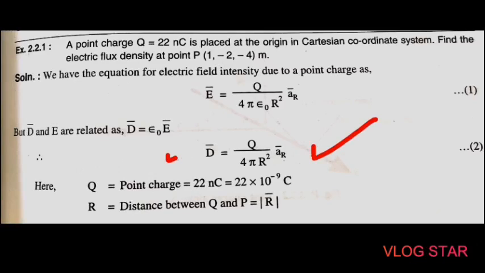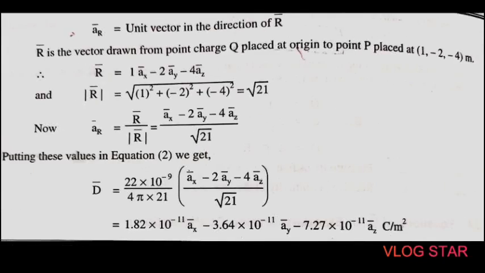D bar is equal to the value of Q, that is 20 nanocoulomb, upon 4 into 3.14, and the value of AR bar is unknown, so we calculate it using the unit vector concept. AR bar is equal to R bar upon mod of R bar, so AR bar is equal to AX bar minus 2 AY bar minus 4 AZ bar, divided by root 21.